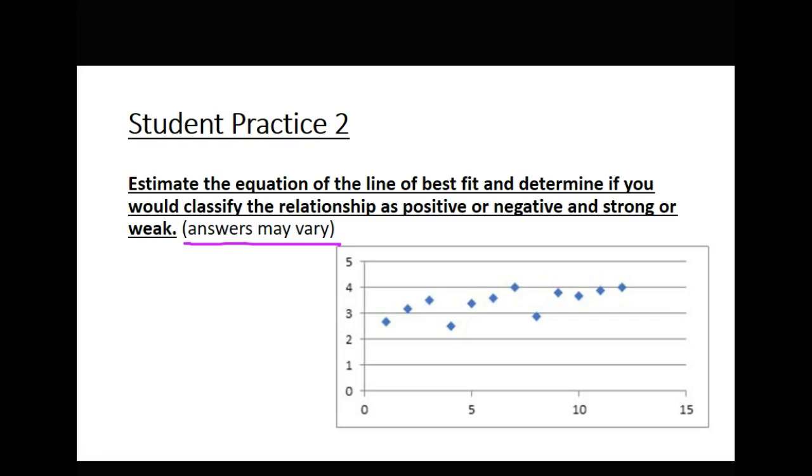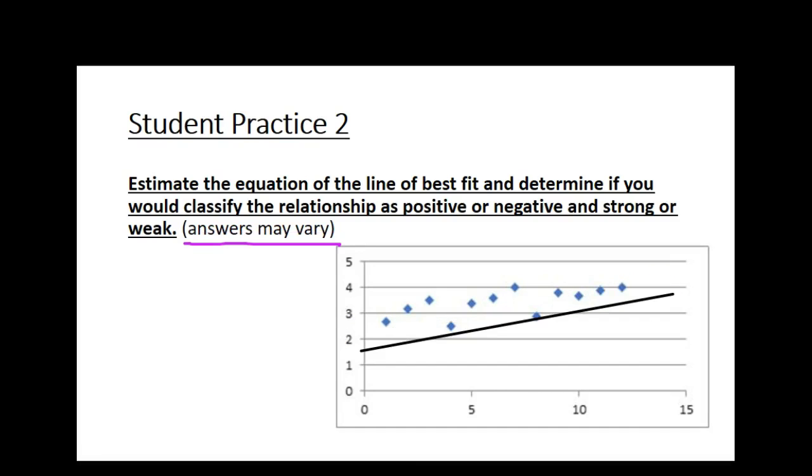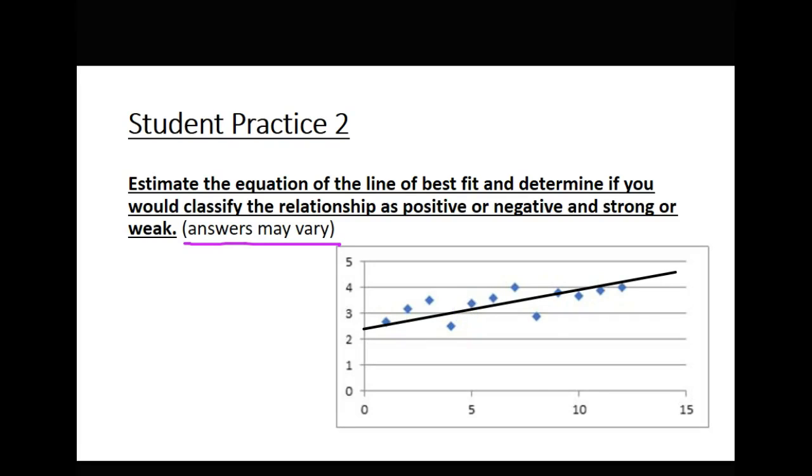So first of all, I would sketch a line of best fit right about here. So in other words, what are we trying to do when we do the line of best fit? We're trying to find the line that gets closest to all those dots as possible. And you know, we don't want to favor some dots more than others.